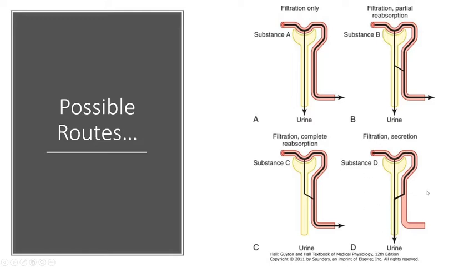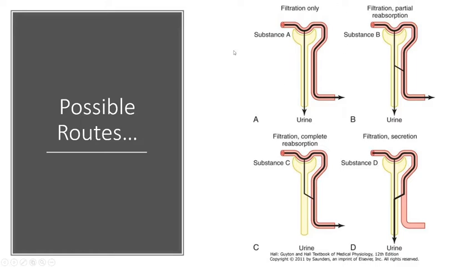This situation, substance D, so some of it is filtered across, not all, but then as it comes round, even more is secreted in. So some drugs will behave in that way, but something not experimental or exogenous that does behave in this way is a substance called PAH, and this will allow you to measure the total renal blood flow.